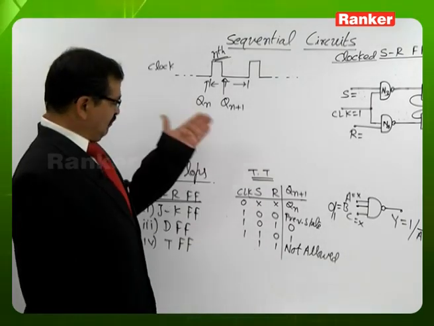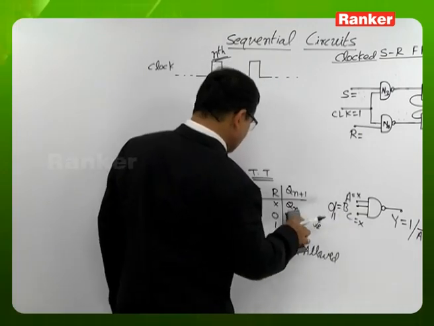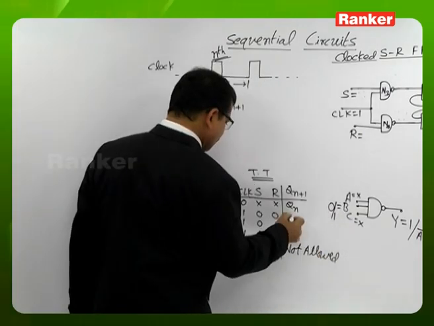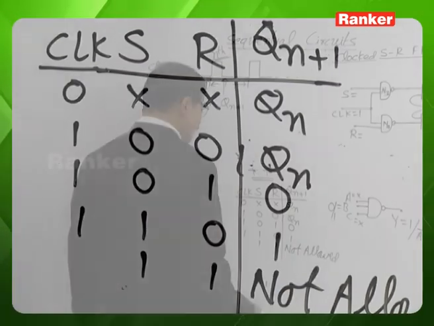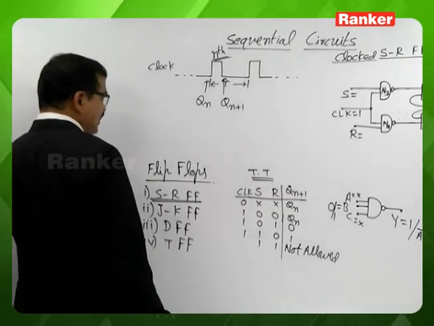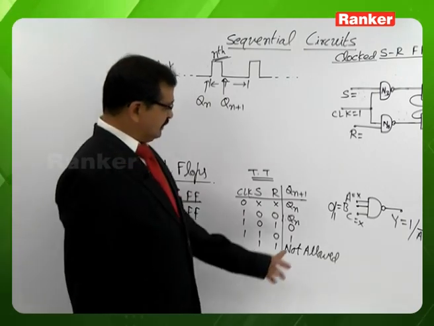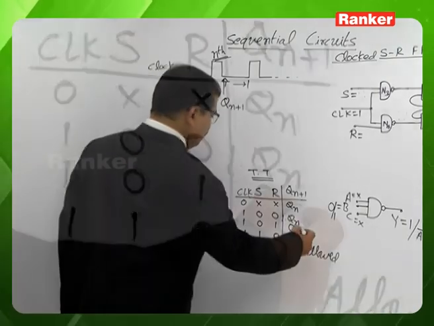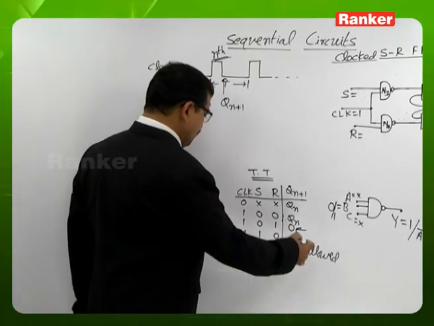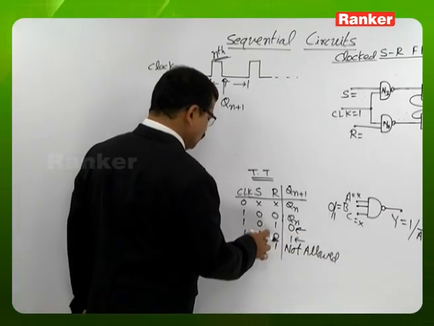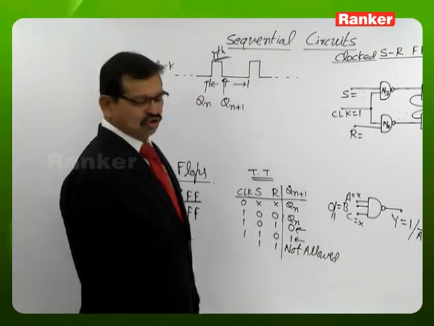So here we are looking at the truth table of this SR flip-flop. In this circuit we recognize that if you want the circuit output to be 0, then S must be 0 and R must be 1. If you want the circuit output to be 1, S must be 1 and R must be 0.